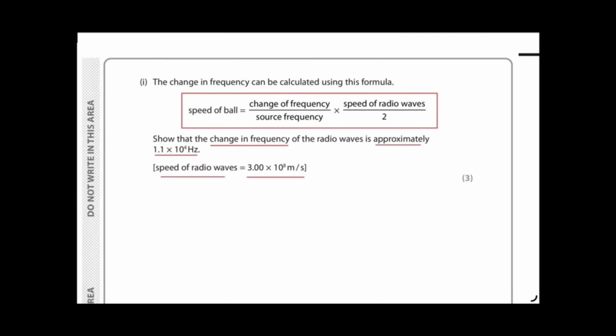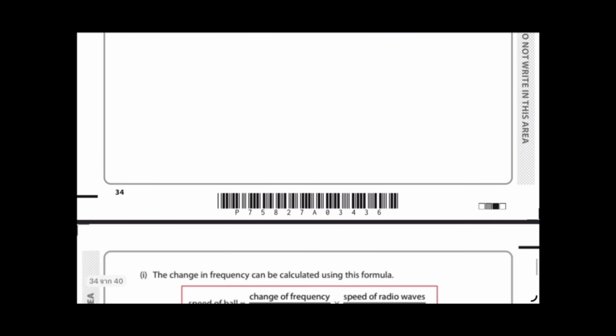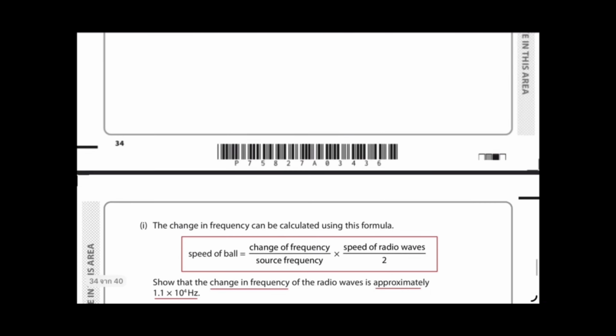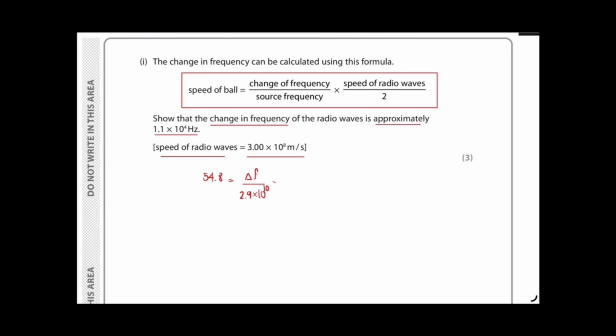Okay, so we have 54.8 equal to delta f divided by 2.9 times 10 to the power of 10, and then times speed of radio wave, which is 3 times 10 to the power of 8, divided by 2.